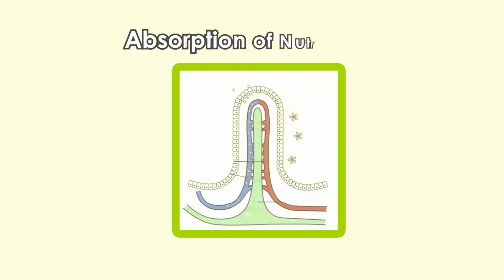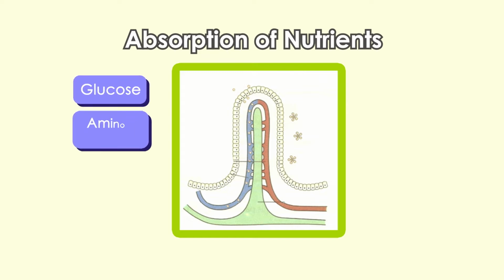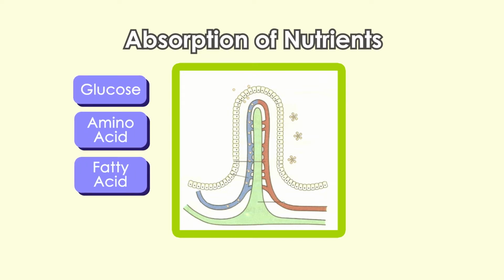Here you can see the structure of a villus. Digested food such as glucose, amino acid, fatty acid and glycerol, which are tiny molecules, are easily absorbed into the blood circulatory system through the walls of the small intestine.